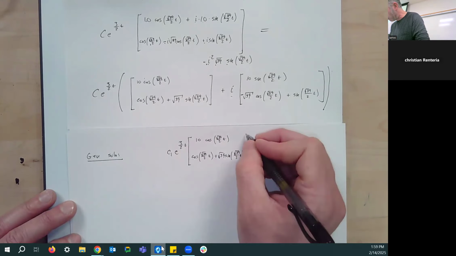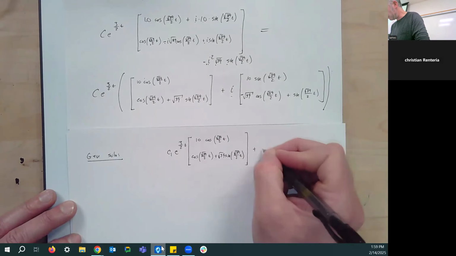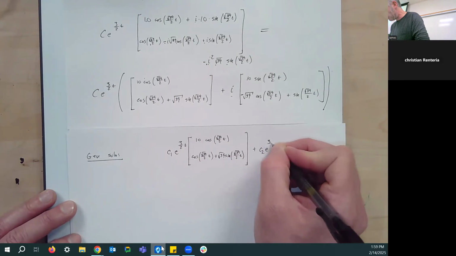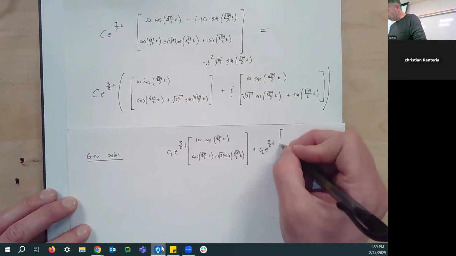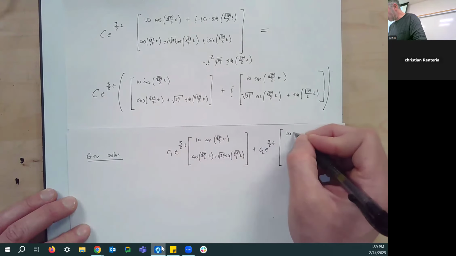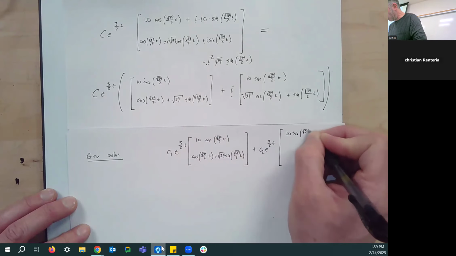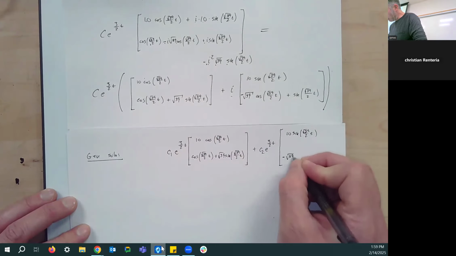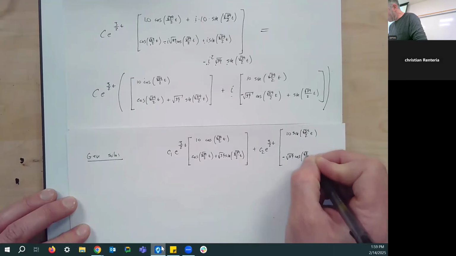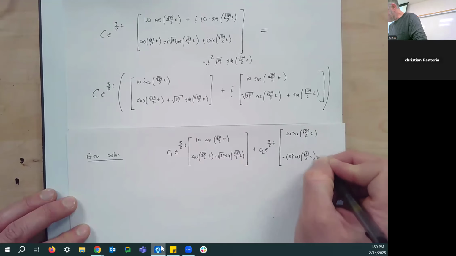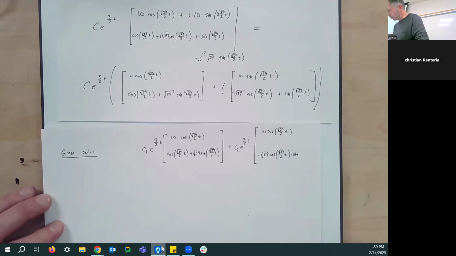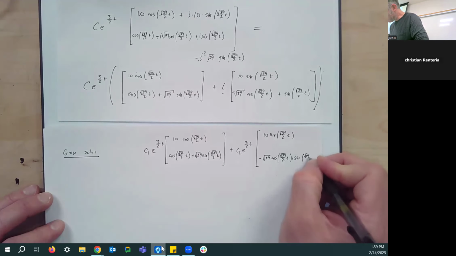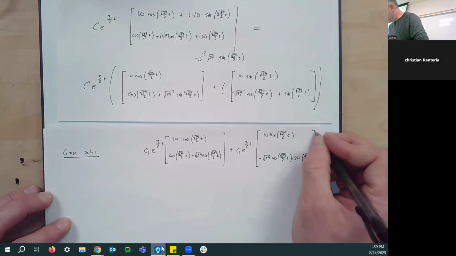What a gross problem to have assigned. Plus c2 times e to the 3 halves t times the vector 10 sine of root 39 over 2t, and then minus root 39 cosine of root 39 over 2t plus sine of root 39 over 2t. Bonkers.